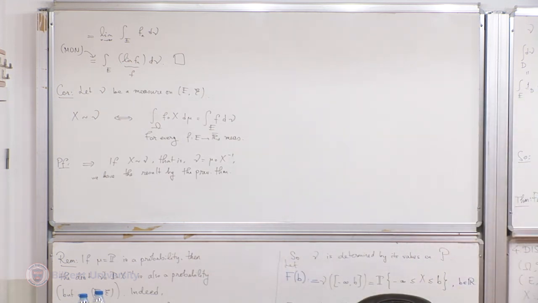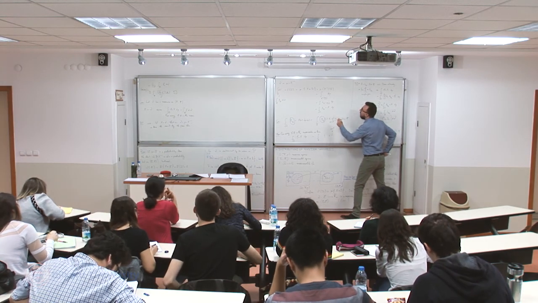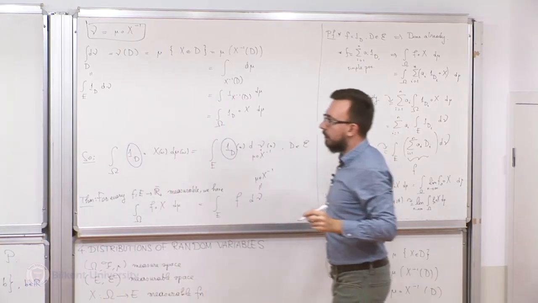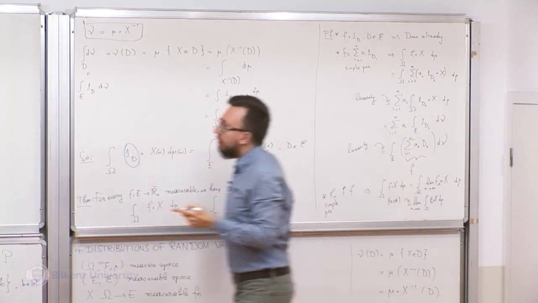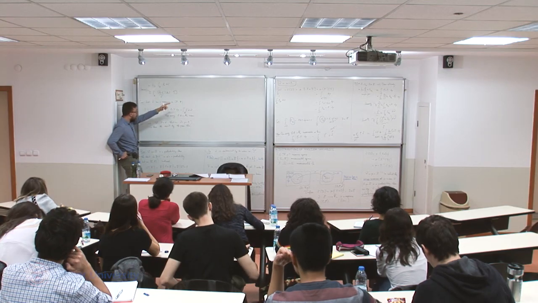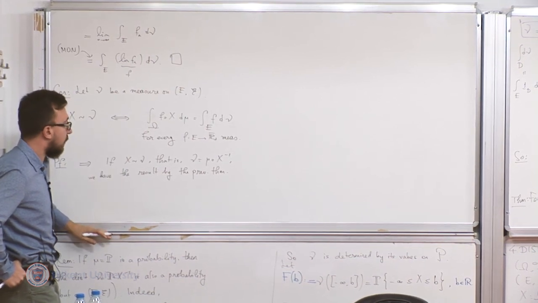So one way is just from this previous theorem. So here we have, this is mu of X inverse, right? I said this at the beginning. Here I start with an arbitrary measure. So if nu is the distribution of X, if we're in that framework, then we have this result. Okay? So that is just a restatement of the theorem.